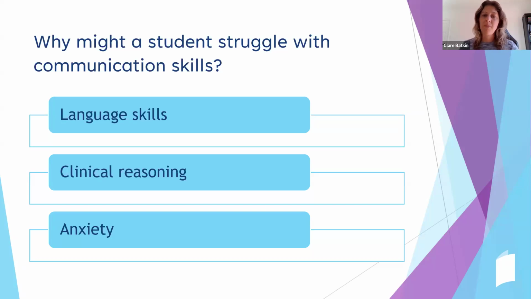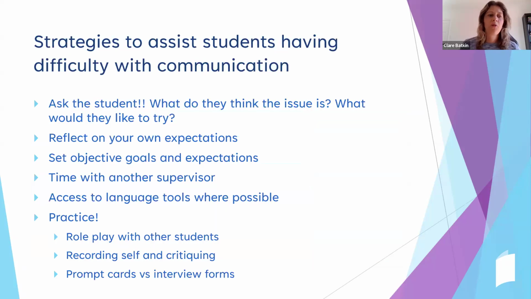So we'll talk about what we might be able to do to support students with all of these potential barriers. What could be the strategies to assist students having difficulty with communication? Number one is to ask the student. There's a great scoping review written by Wendy Milgate from ACU as one of her PhD articles, exploring students who fail their placement, in particular the student perspective.